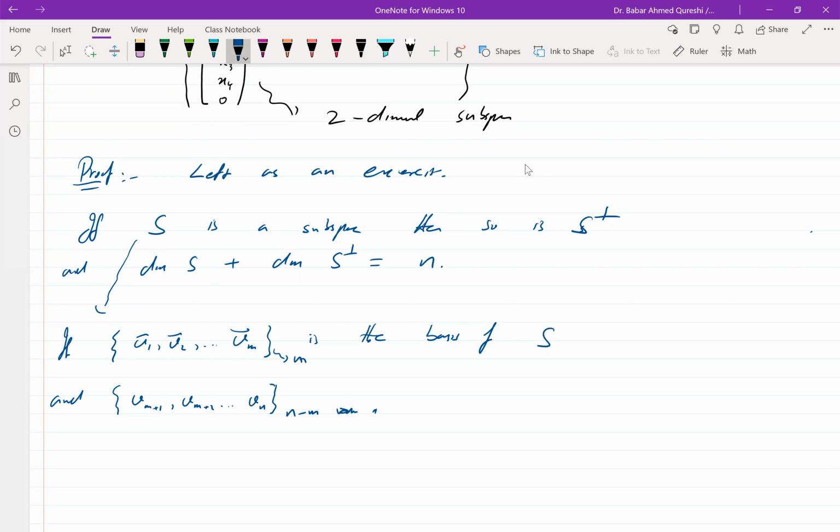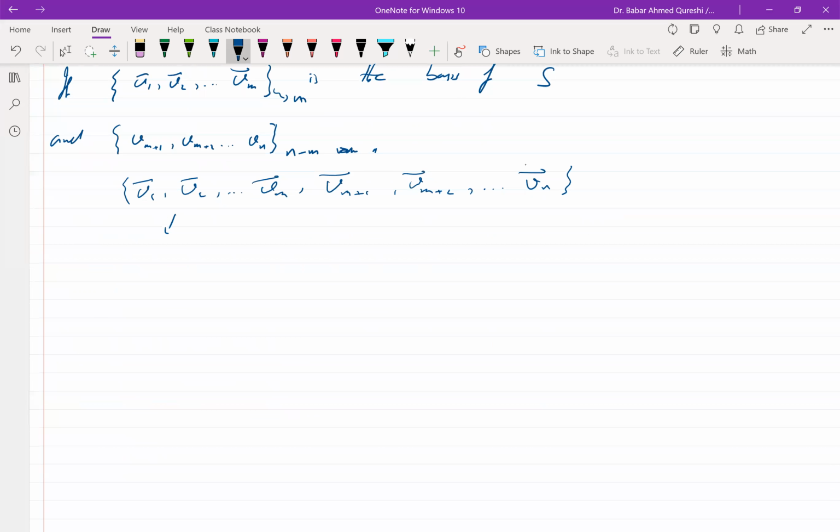Then if I just collect these together, this is a basis for the full space V, of which they are subspaces.